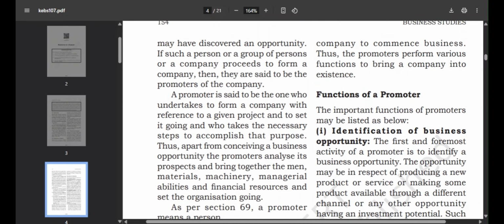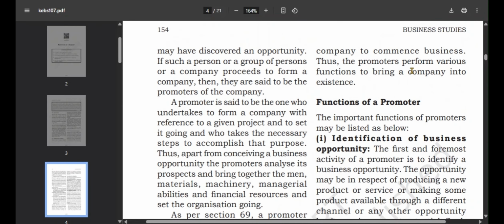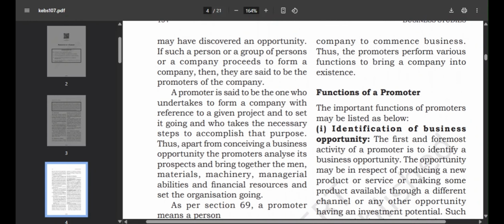Thus, the promoters perform various functions to bring a company into existence. They are basically known as the backbone. They are the initial formers of the company.